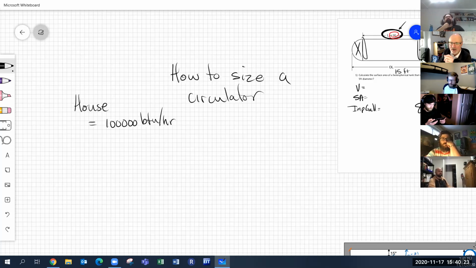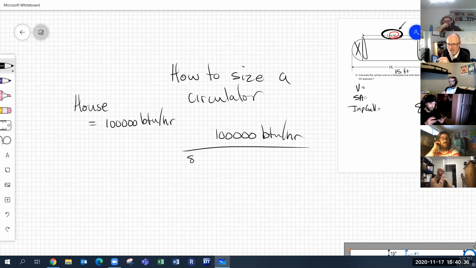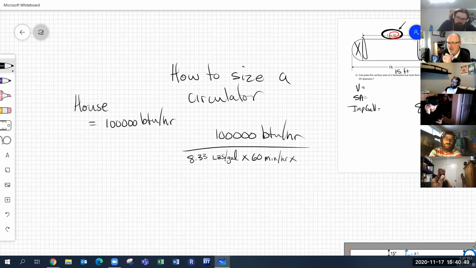But if I had that 100,000 BTU heat loss, what we do is we divide that by how many pounds in a US gallon, 8.33 pounds per gallon. We times that by how many minutes in an hour, and we times that by the delta T of the supply temperature of the boiler and the return temperature of the boiler water.